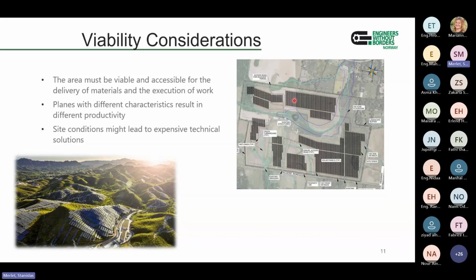So all of that is also considered in the viability of the site at the end, because this one, for example, looks quite bad in my opinion. So you have different sub-plants in the bigger plants, and they're quite spread, and it doesn't seem very efficient in using the land as it is.